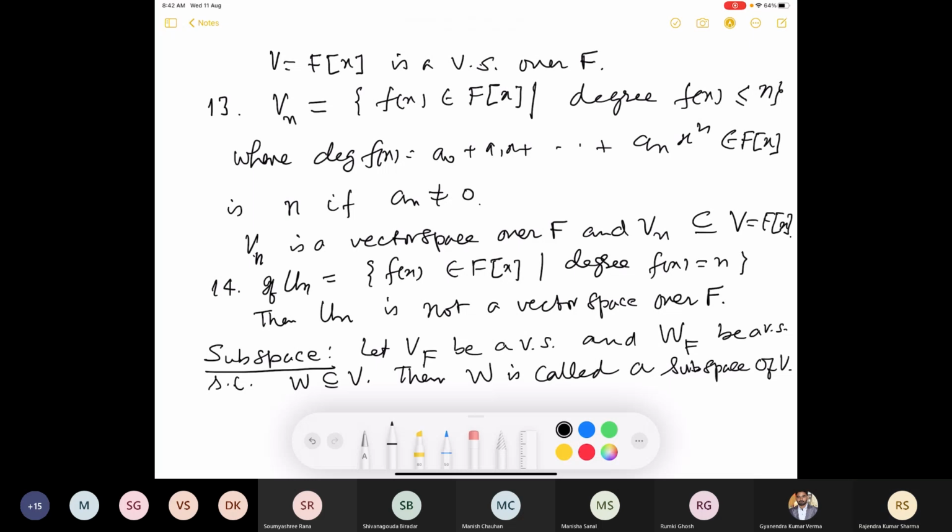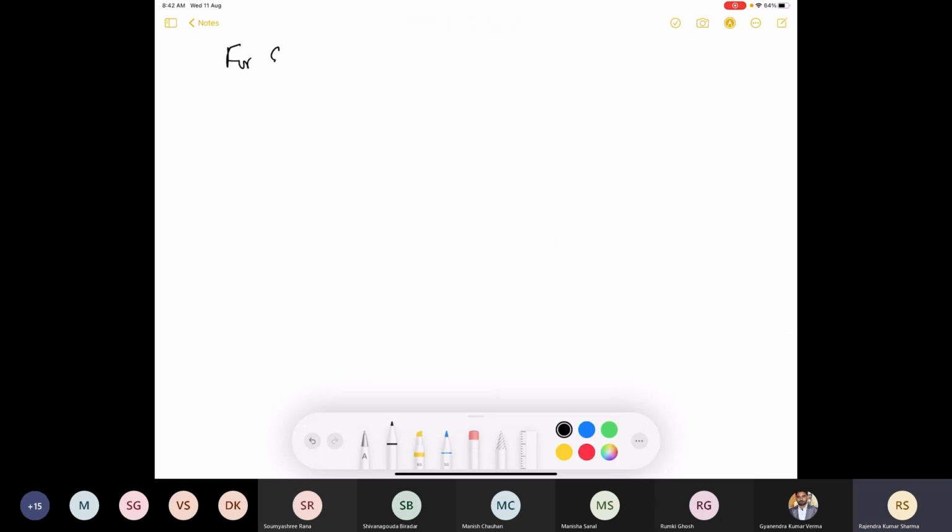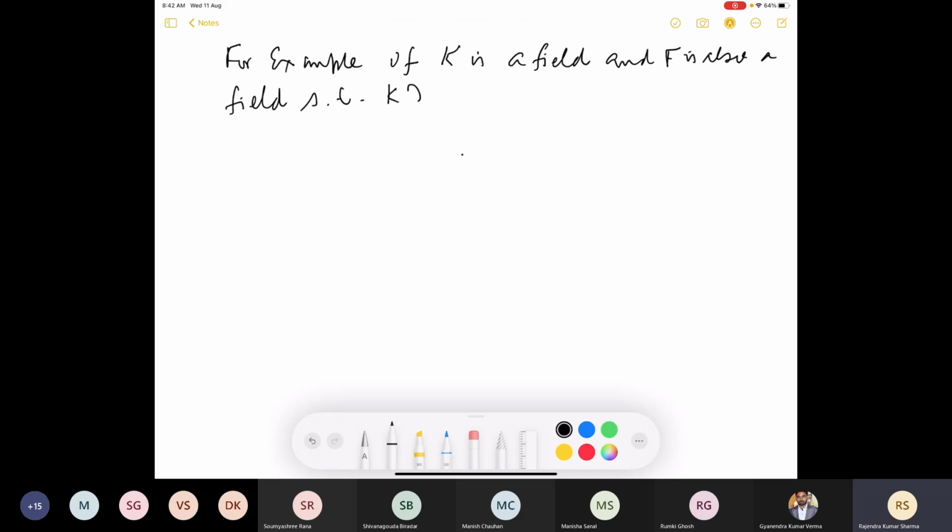So for example, if K is a field and F is also a field, such that K contains F, then K over F is a vector space, and F over F is also a vector space.